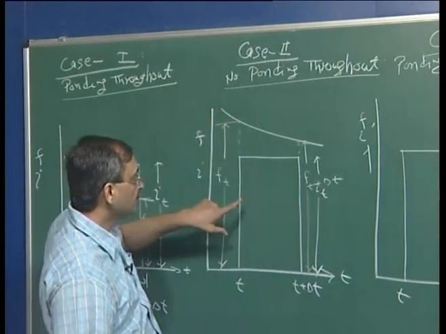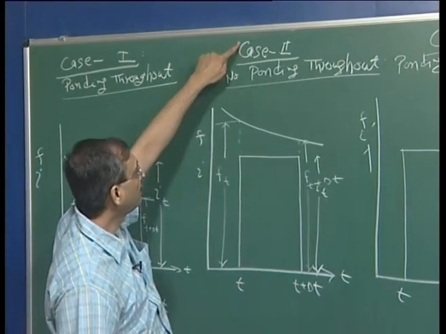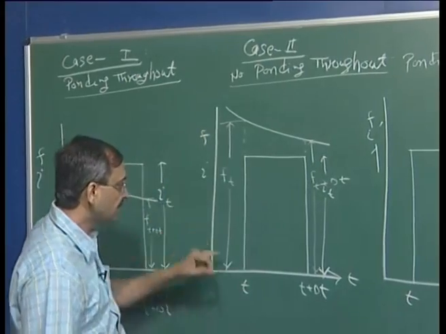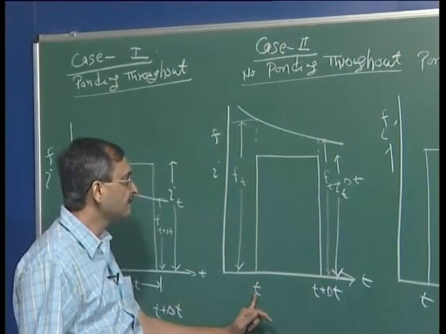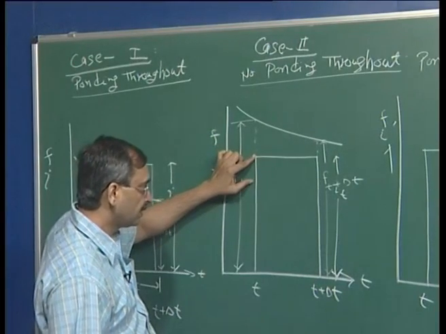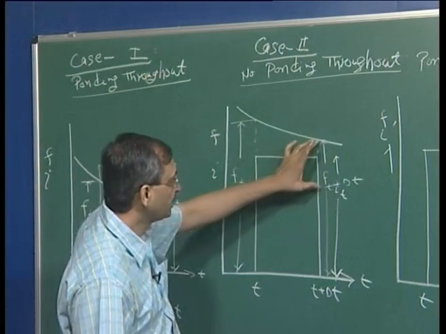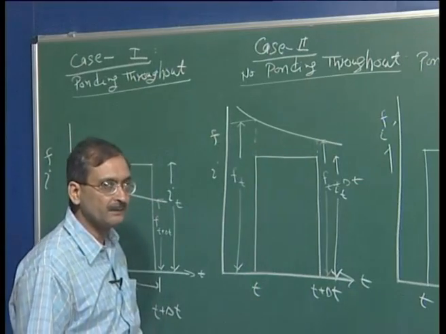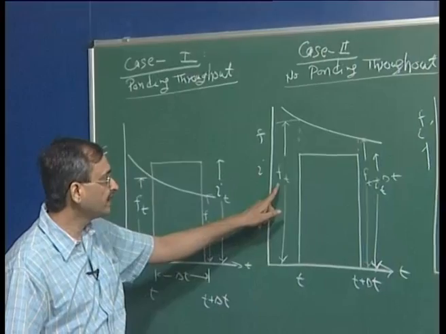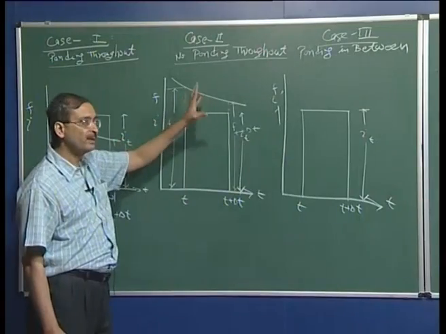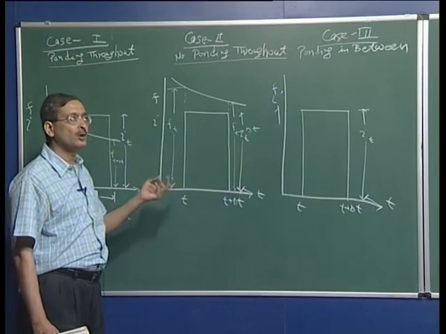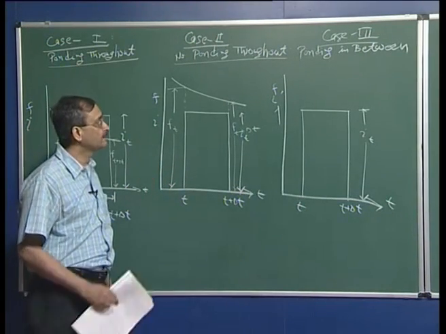So, for the case 2 when there is no ponding throughout, what are the conditions? At the beginning of the time interval, your infiltration rate is higher than the rate of rainfall, which is also true at the end of the interval. So, you see that there is a big difference in these two, and once we have the relative magnitudes of small f and I, we will be able to classify a particular interval as either case 1 or case 2 or case 3, which we are going to look at.